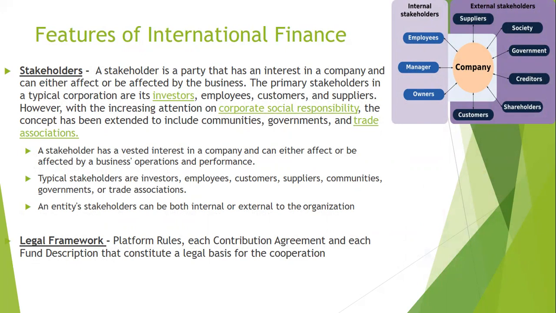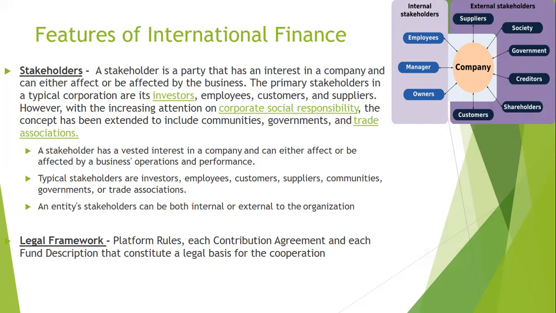However, with the increasing attention on corporate social responsibility, which is one of your subjects also, the concept has been extended to include communities, government, and trade associations, because these also are being affected by or can affect your business. A stakeholder has a vested interest in a company and can either affect or be affected by a business's operation and performance.